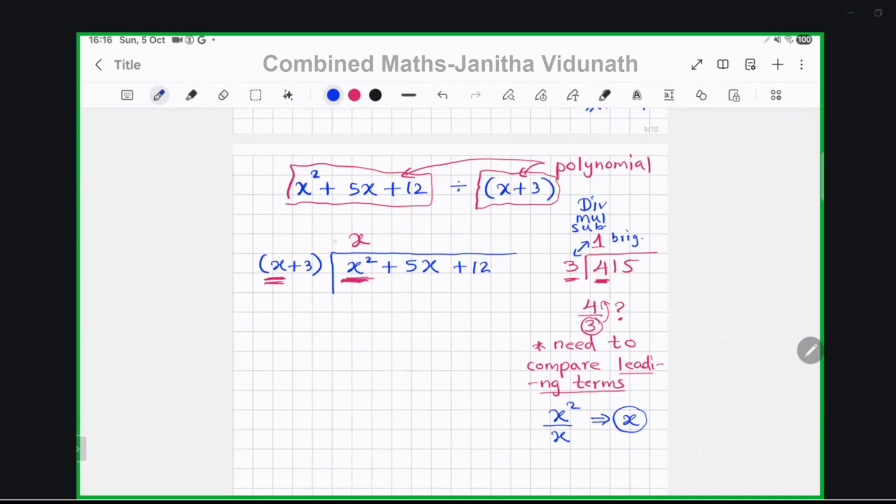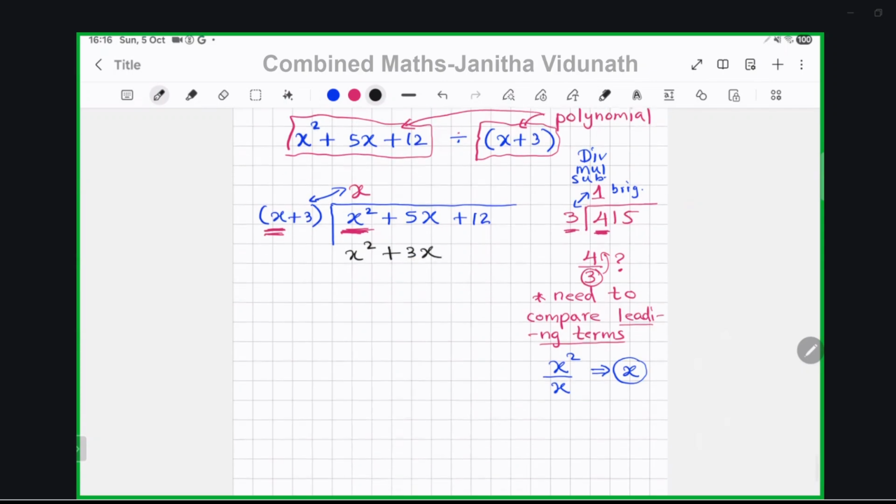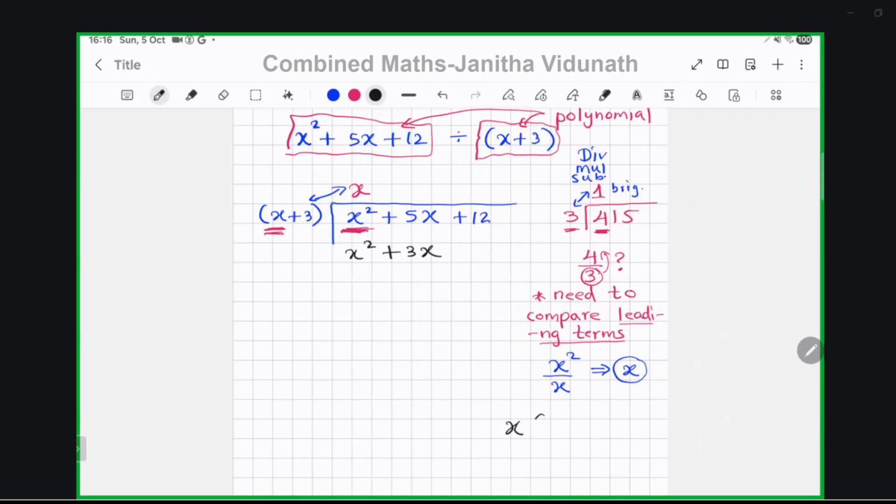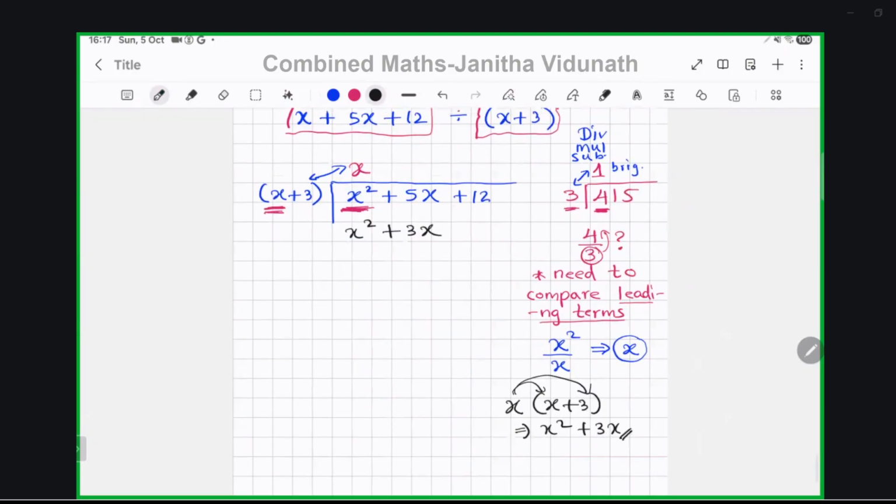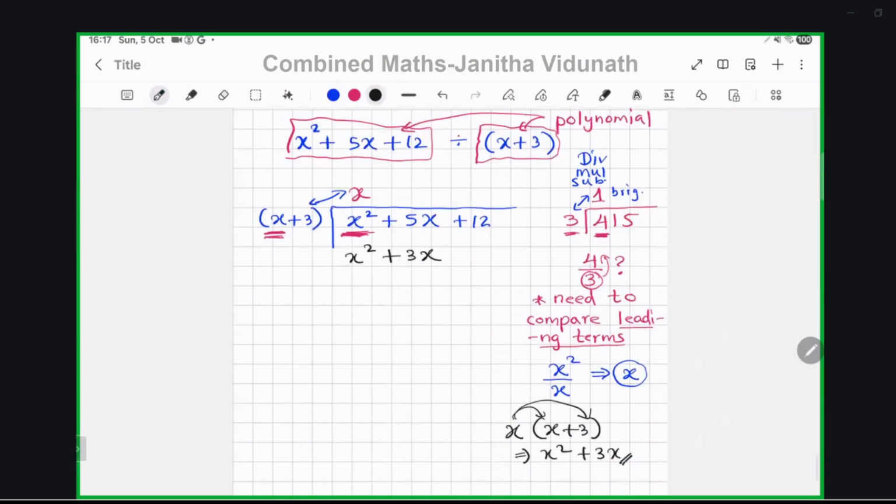Now we multiply these two. Then we get x squared plus 3x. Here, what we have done is x is multiplied with x plus 3. Then we get x times x squared, and x times 3, 3x. We have already done the division and the multiplication.